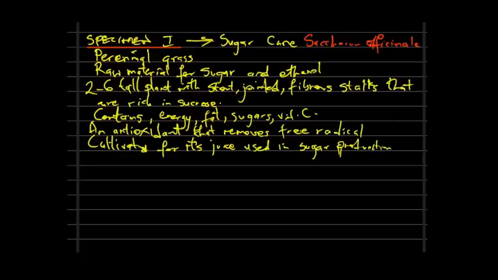They are best grown in irrigated lands. So that is what sugarcane is. They are planted in irrigated land.